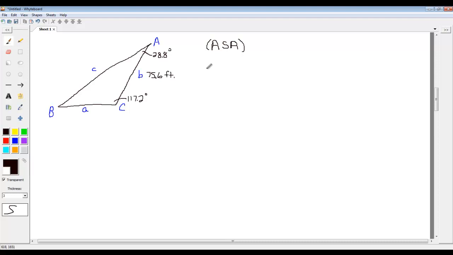Okay, once again, we can find the third angle by subtracting 28.8 plus 117.2 from the 180. You know, the sum of the angles subtracted from 180 will help us find that third angle.